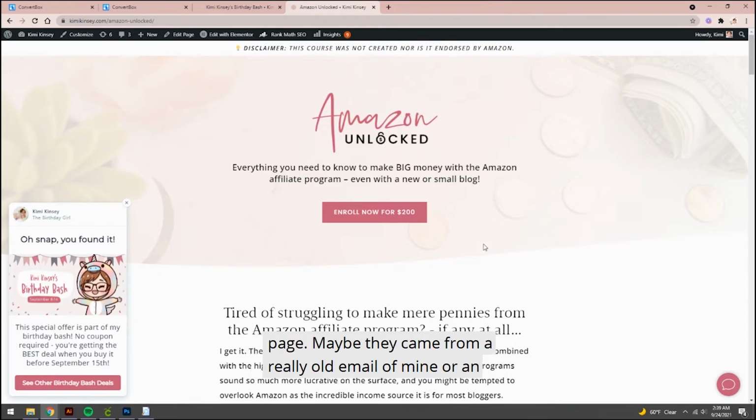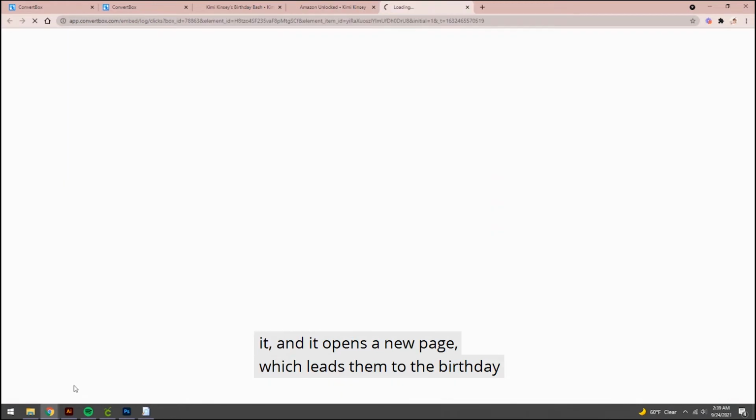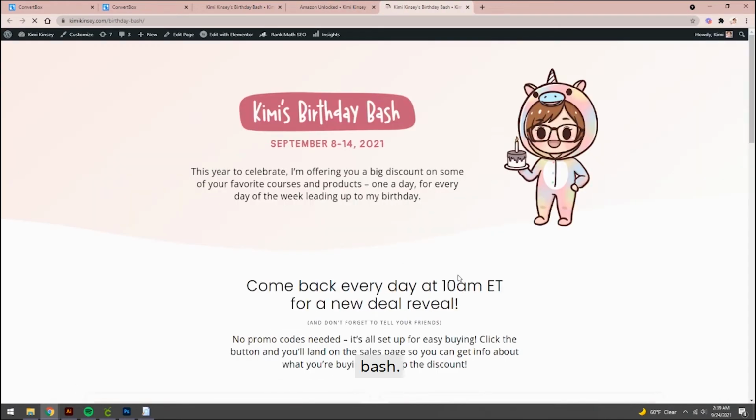Maybe they came from the everything page, maybe from a really old email of mine, or an affiliate sent them here, whatever the reason may be. So I wanted a way to entice people to go check out the other birthday bash deals. And that's what this leads to. It actually leads them right back to the birthday bash page. So they would click it and it opens a new page, which leads them to the birthday bash.